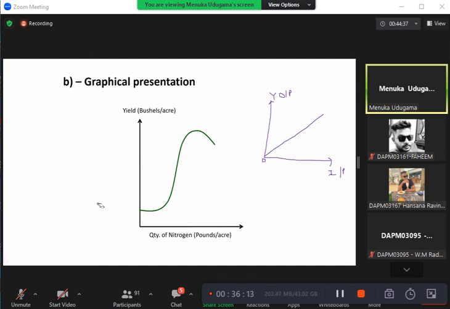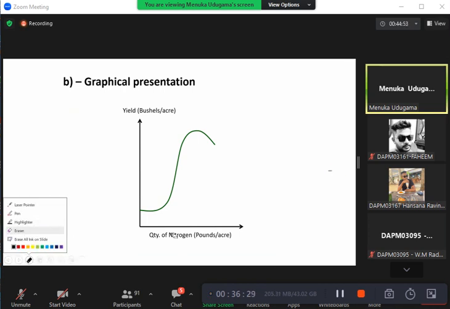So coming back to this graph, what we have done here is we have plotted the input, which is nitrogen fertilizer, against yield, right? Unlike in the case of a technical relationship, you would see that there's zero nitrogen at this point.